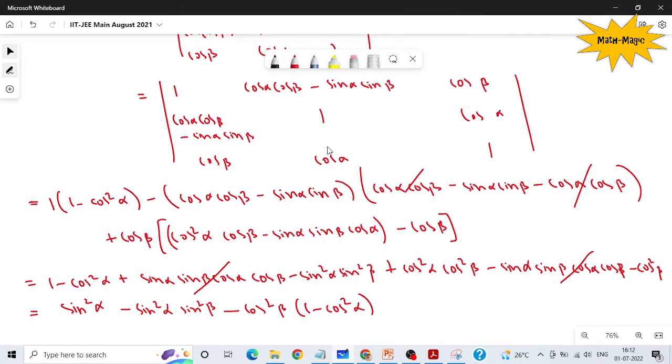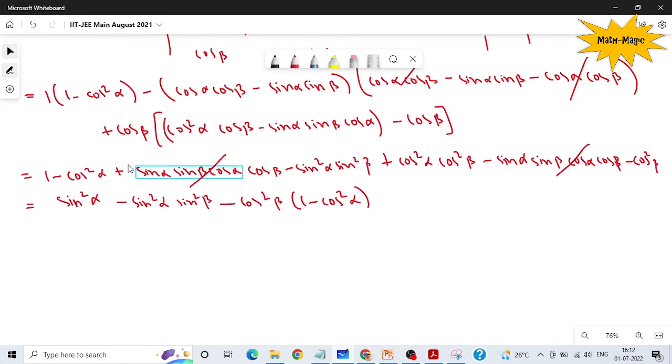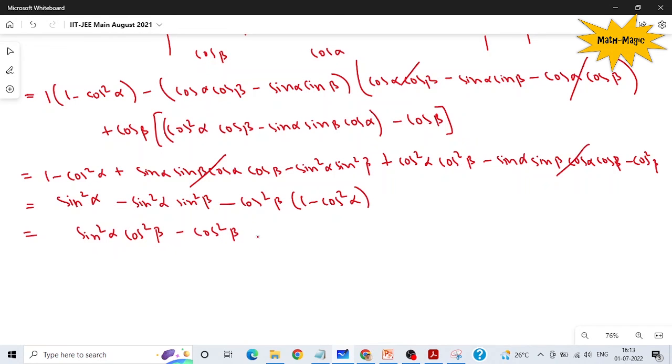Further simplification uses only the identity formulas. Now sin square alpha is common and we are left with (1 minus sin square beta), which is cos square beta, minus cos square beta times (1 minus cos square alpha), which is sin square alpha. The value of this determinant is 0.